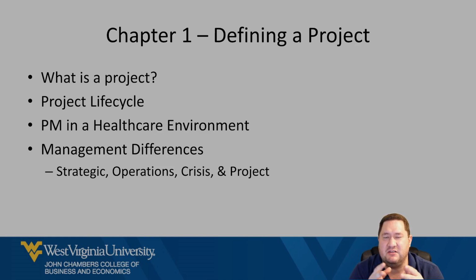I would imagine that WVU Medicine has a project management office due to the sheer size of the organization. WVU, the university, has a project management office because there are construction projects going on, renovations, and so much more going on at the university. So the project management office is usually how projects are managed.